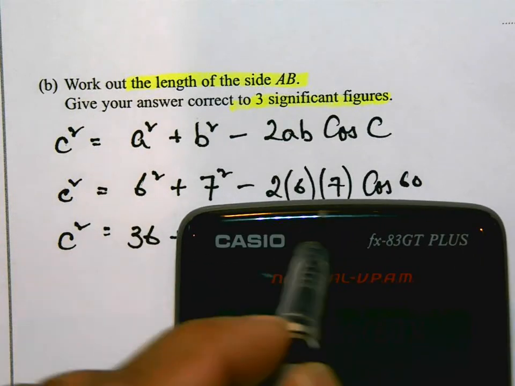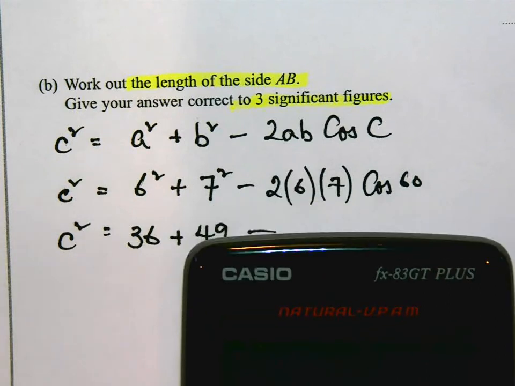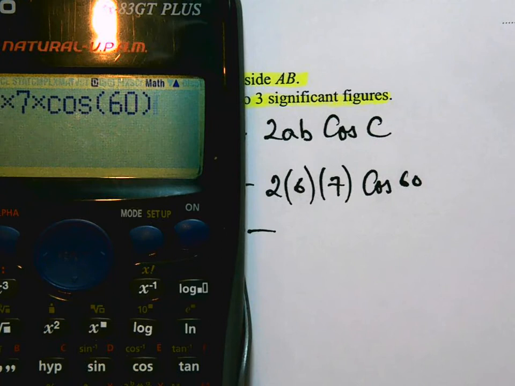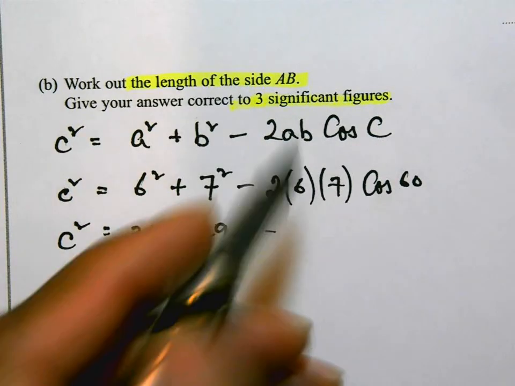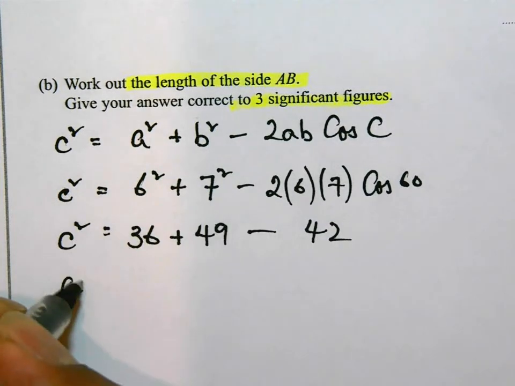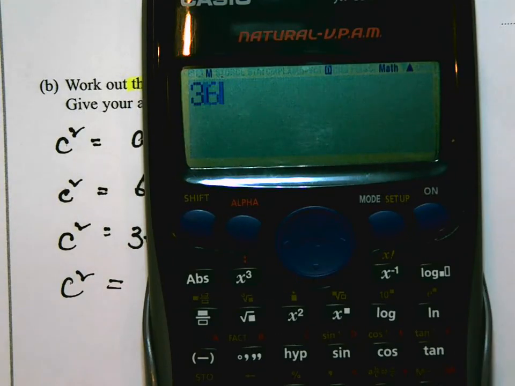That's going to give me 42, a pretty straightforward answer. And so c squared is going to be 36 plus 49 minus 42, and that's 43.